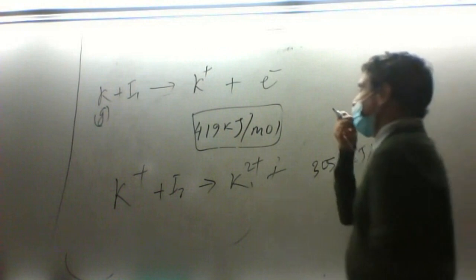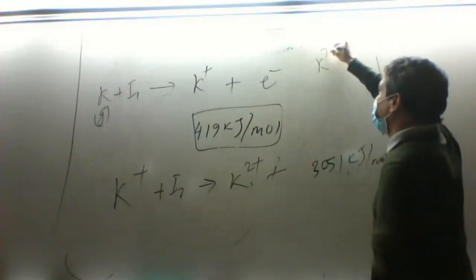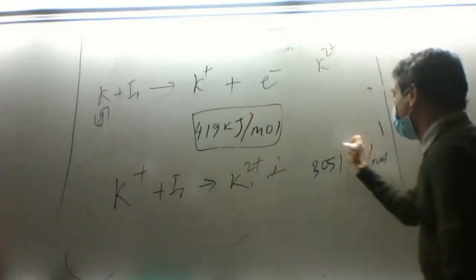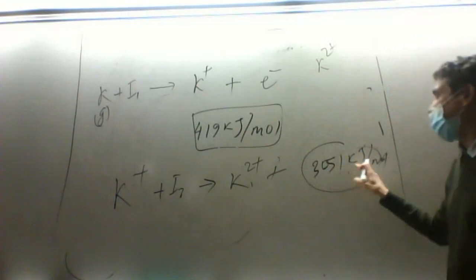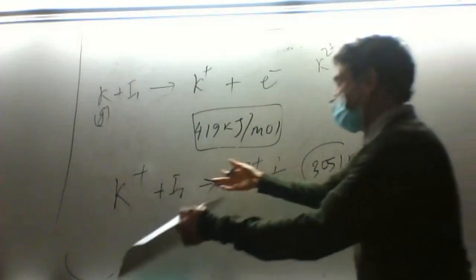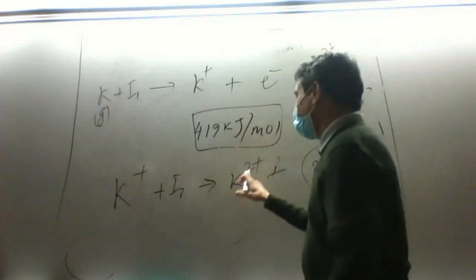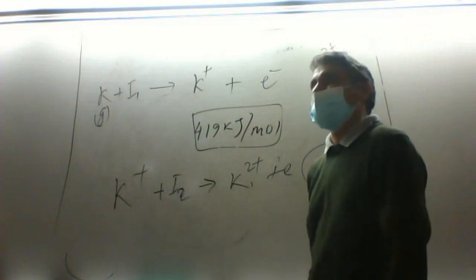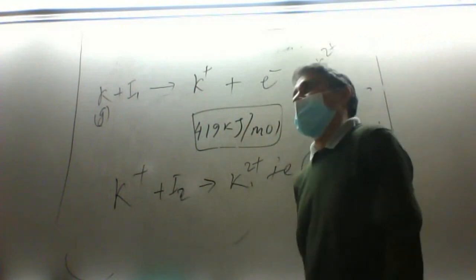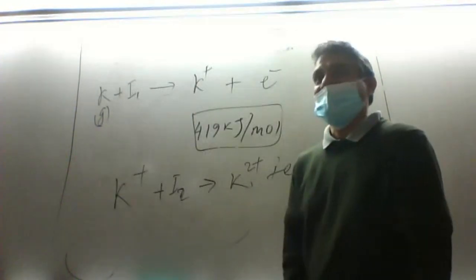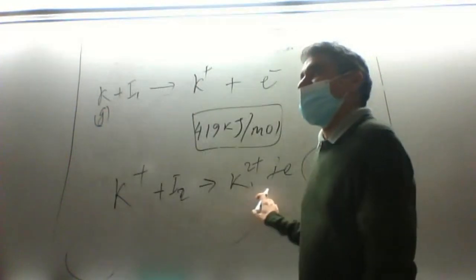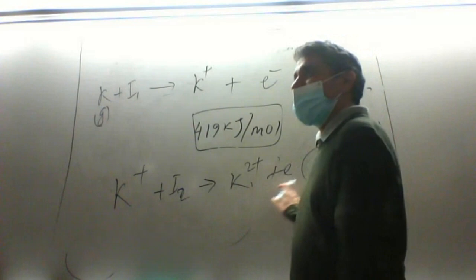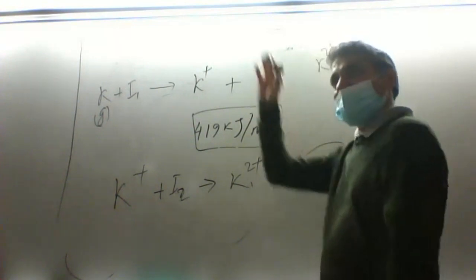In any chemistry book you will rarely see K2 plus, because too much energy, 3051 kilojoule per mole, needs to be given so that another electron can be knocked out. So that's almost impossible, unless you are doing a very high energetic reaction. In a normal situation, you can have something like this. Make sense? It's too much energy you need to supply.